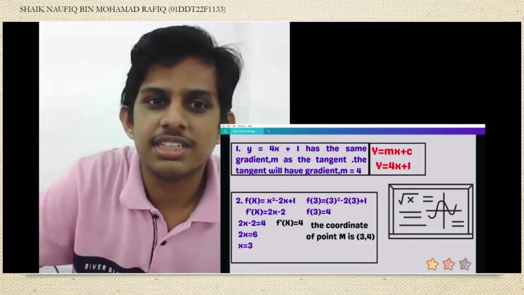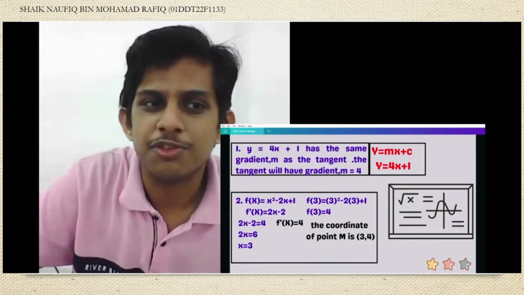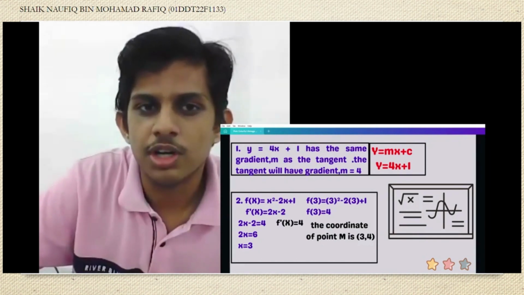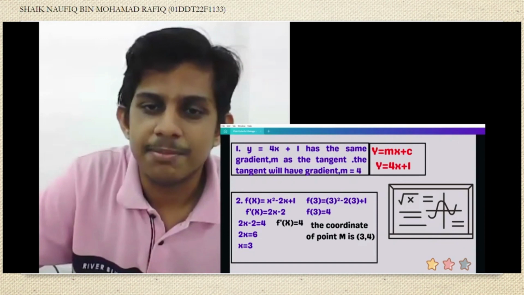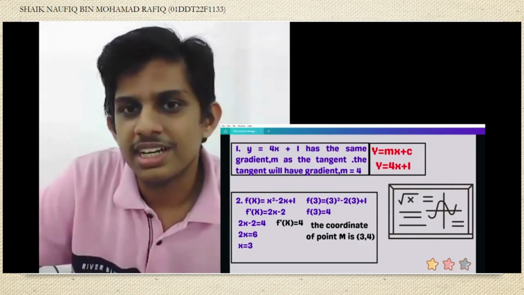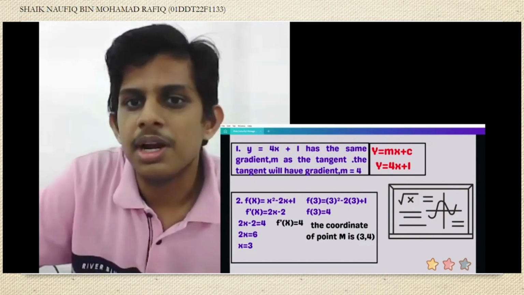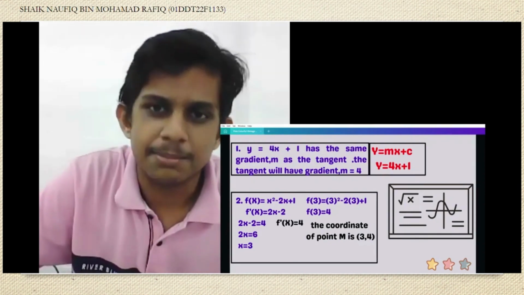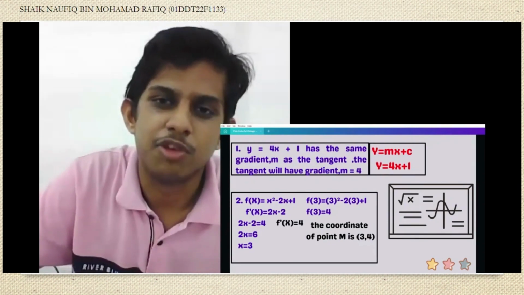So the gradient of the equation y equals 4x plus 1 is 4. Once the straight line is parallel to the tangent, the gradient also must be the same. So the gradient of the tangent must be 4.